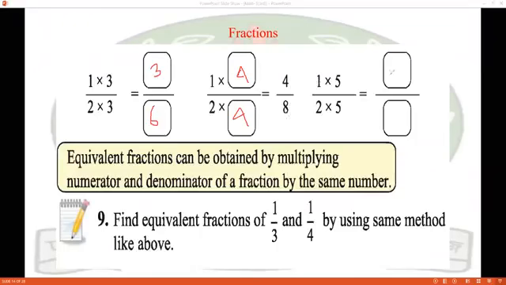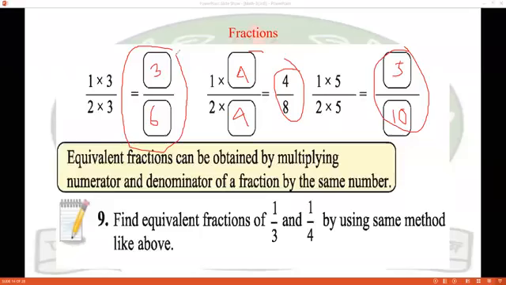When we multiply by 5, we get 5 and 10. So all three fractions are equivalent, because they are found by multiplying the same fraction half by different numbers.